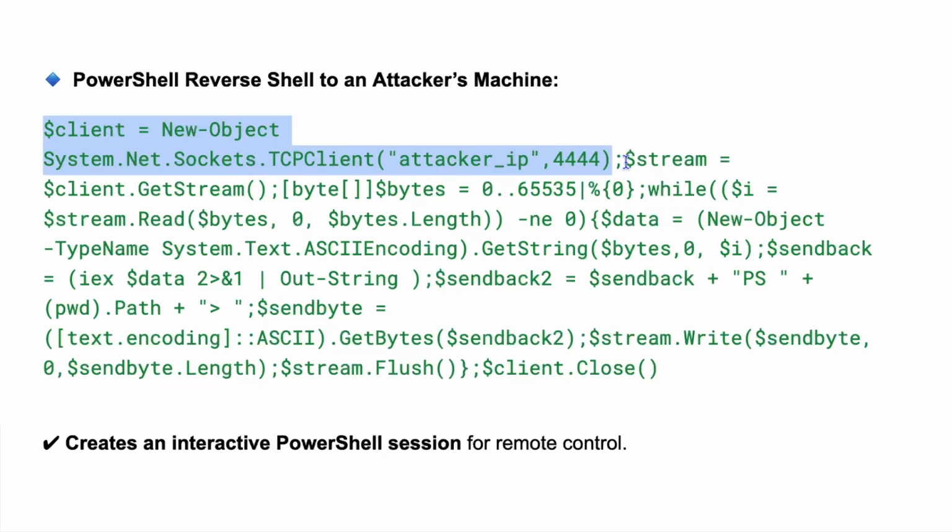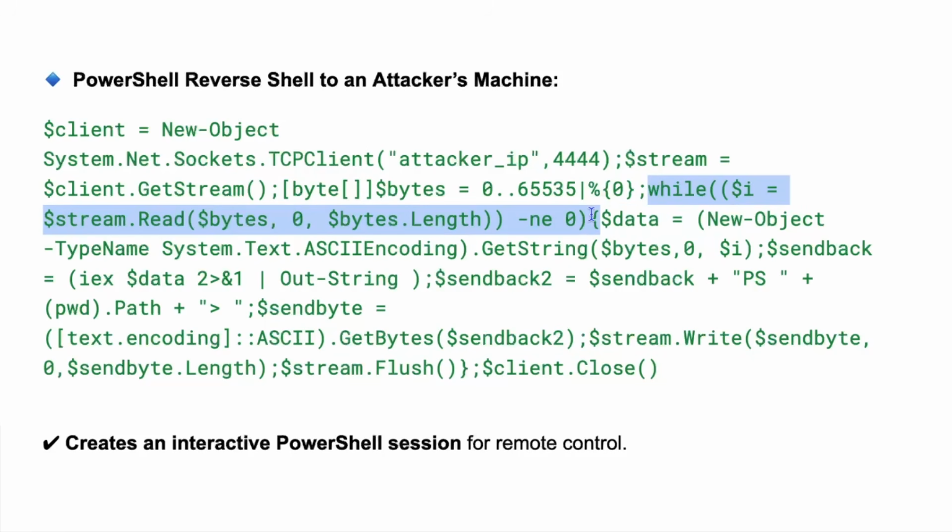And then we have the next piece, which is the stream variable, which is that client GetStream. And this right here is just one small chunk. So this gets the network stream object that's associated with that TCP connection. And then we have the next piece right here, which falls into our while loop. So let's try to find the semicolon that separates this whole thing, which is right here.